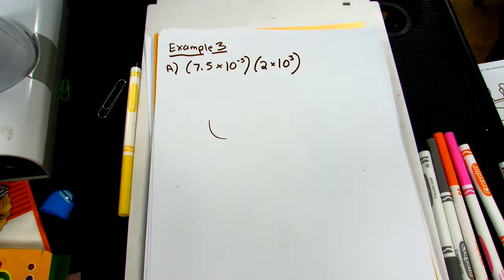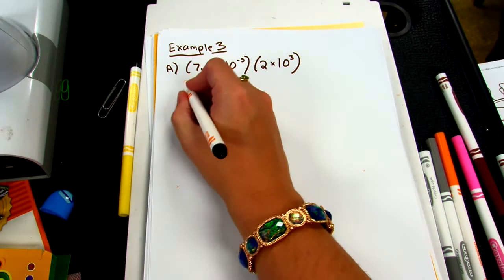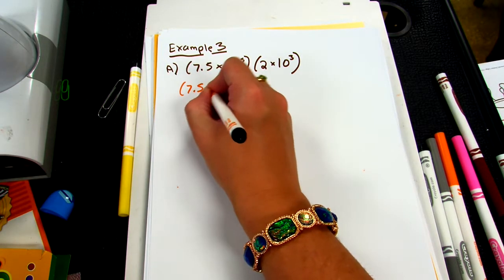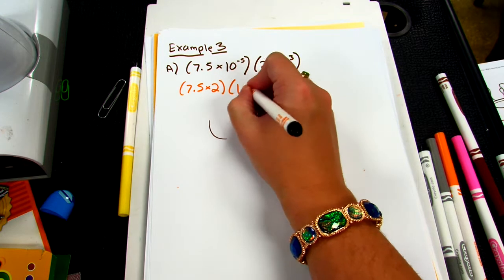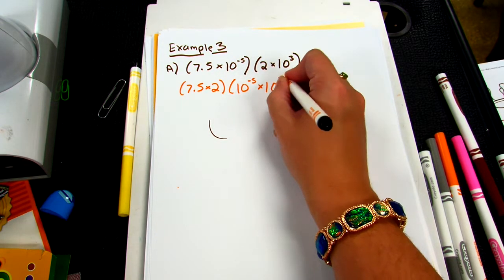There's no adding or subtracting. So since everything is being multiplied, we can use the commutative and associative property to rearrange things, right? I can rearrange this to say 7.5 times 2 and 10 to the negative 5th times 10 to the third.